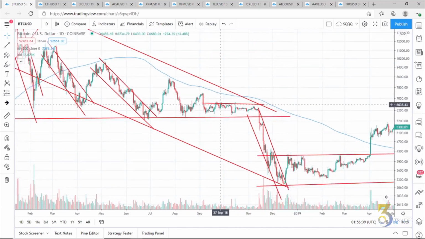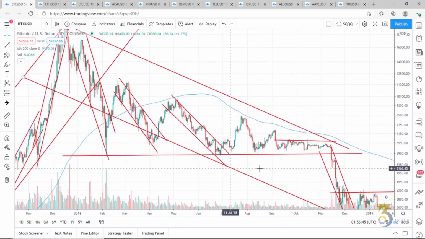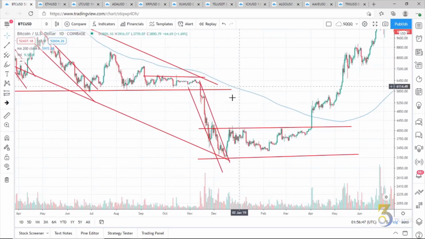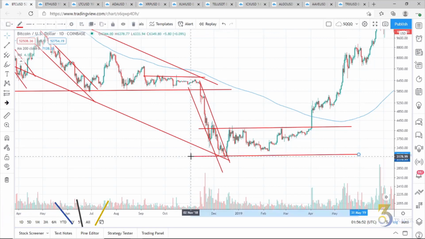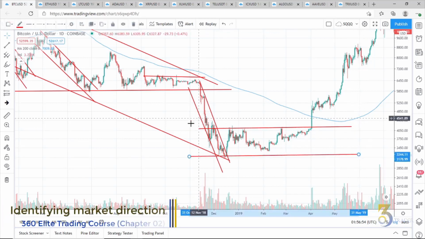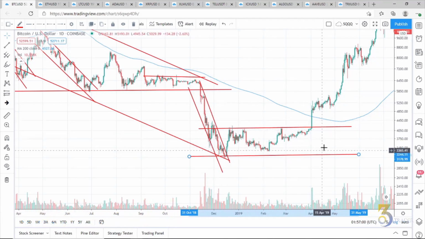But no, even though this was a sideways or a consolidating market, we knew because of this structure that the market was going to head lower, and sure enough it did, into its final resting point, its final consolidating market area. Now, what clued you that this was in fact the bottom?